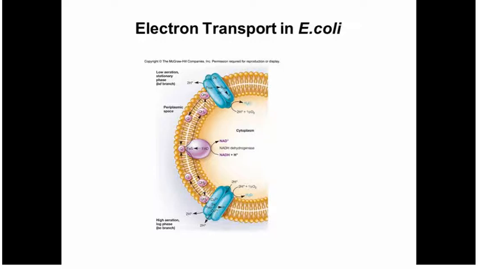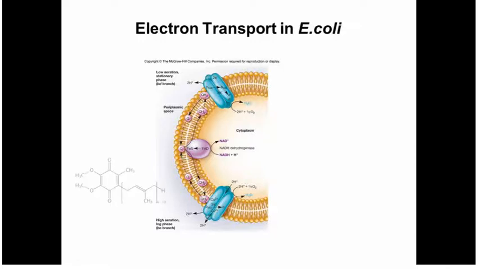But just for example, in E. coli, they have a simple electron transport chain in the plasma membrane. It starts out with lots of NADH in the cytosol, and the imaginatively named NADH dehydrogenase will remove the electrons from this NADH and transfer them onto coenzyme Q, or ubiquinone, in fact.